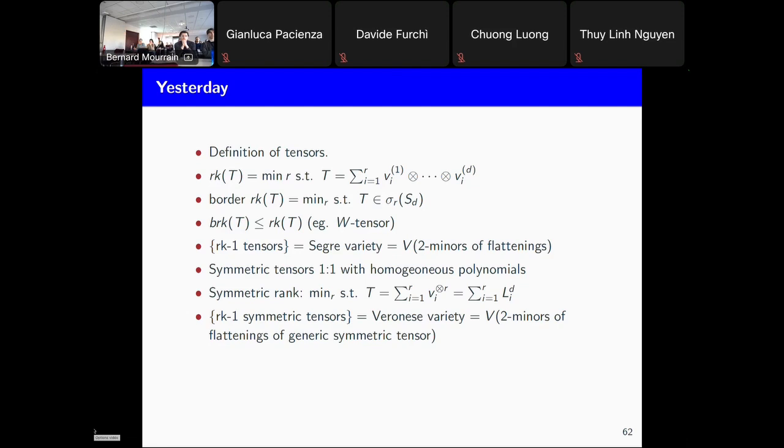Here I'm really saying I start with some symmetric tensor, and I make a one-to-one correspondence with a homogeneous polynomial of degree d. And then you can dehomogenize if you want. But the map of Bernardi was really the dehomogenization, so projective to affine. This is just a correspondence as vector spaces. I'm just taking two vector spaces, the space of symmetric tensors and the space of polynomials, and making a one-to-one correspondence between them.